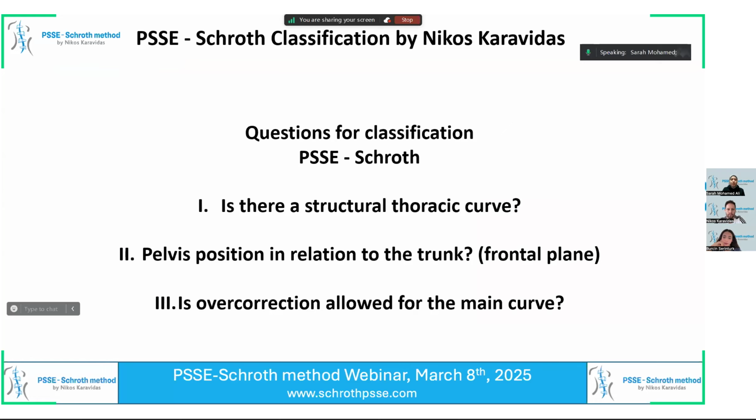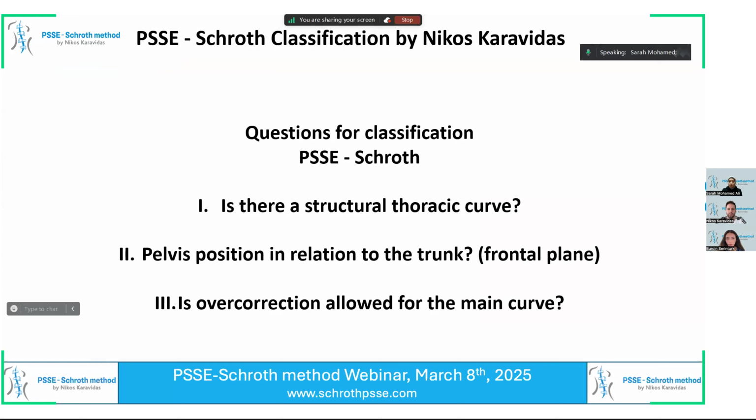Okay, so I'll start with the principles, or the questions that we ask ourselves for the PSSE-Schroth classification. The first question we ask: do we have a structural thoracic scoliosis? In order to answer this question, we need to do the forward bending test and check if there is a hump or not.